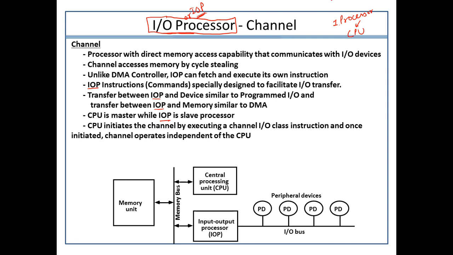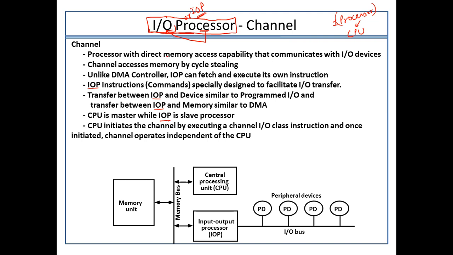I can expect the same functionality from this IO processor as from any processor, but now its job is highly limited to the input output devices or the peripherals only. That is the basic point we need to understand here.